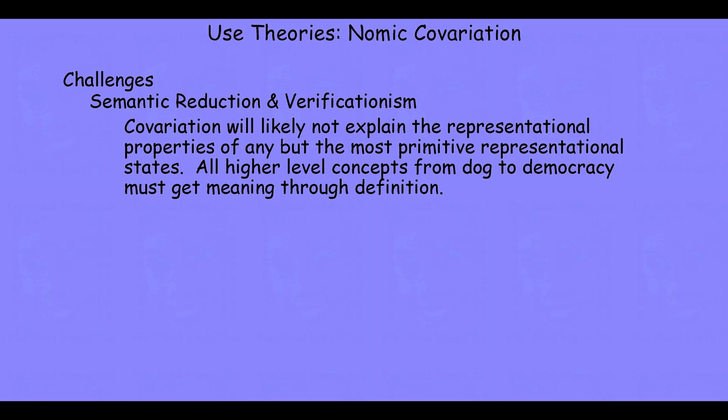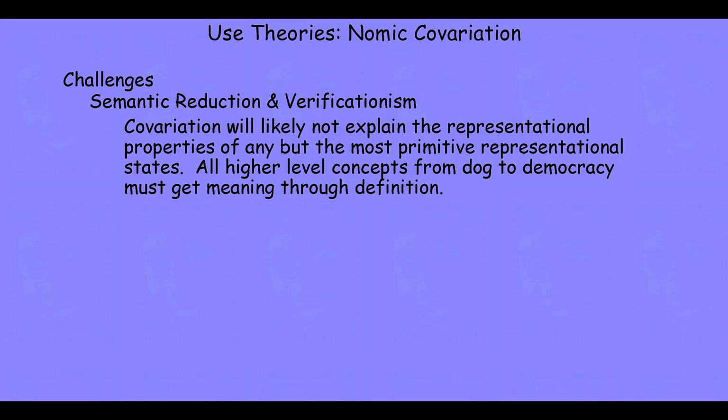Not surprisingly, covariationists disagree. Covariationists usually respond to this challenge with a two-pronged response. On the one hand, they claim that many more properties, objects, events, and relations can get represented in virtue of gnomic covariation than the skeptic might suppose.